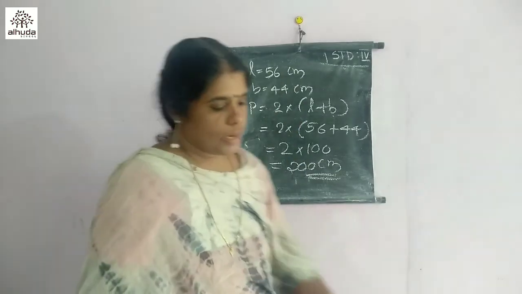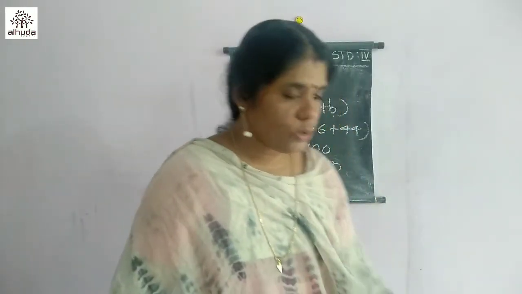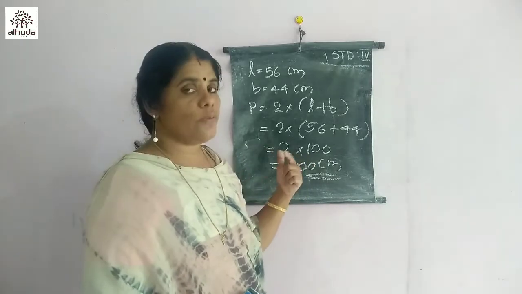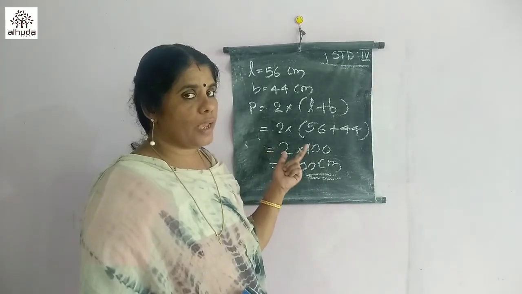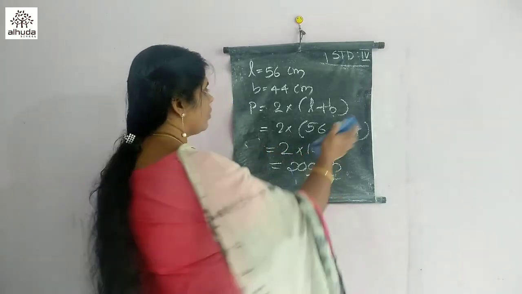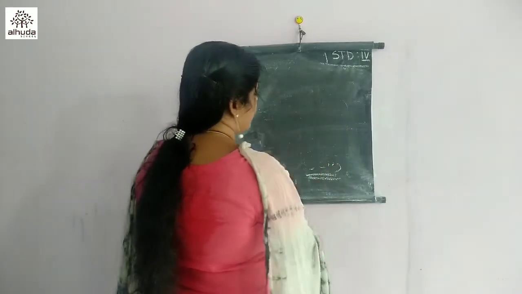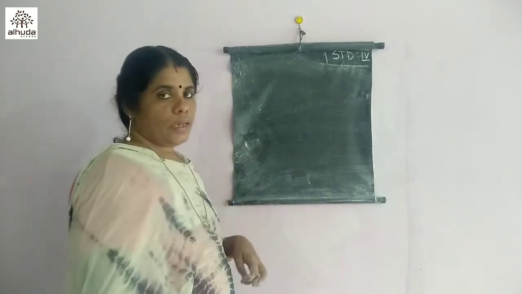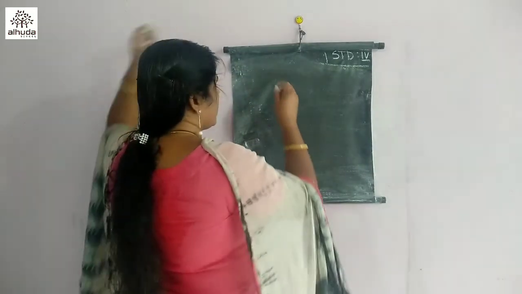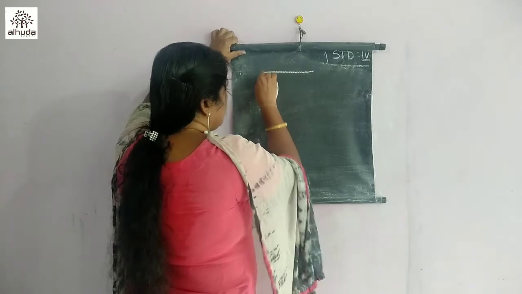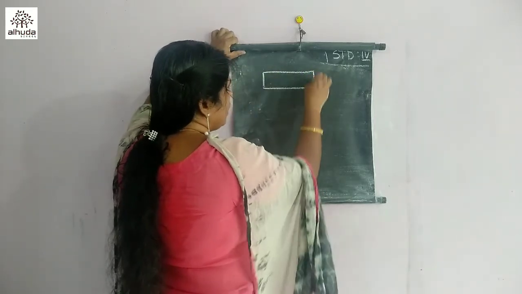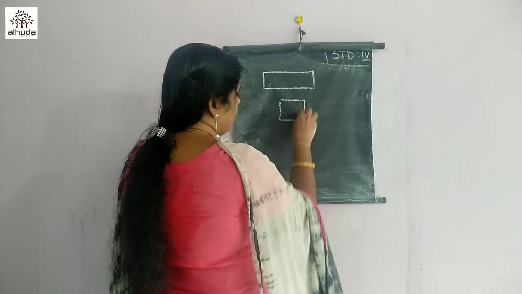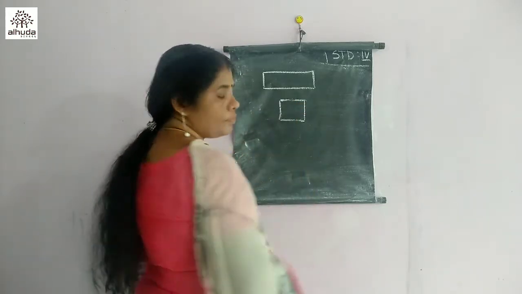Okay. Next. Now we learned about the perimeter of a rectangle. Next we are going to learn about the perimeter of a square. Children, do you know what is the difference between a rectangle and a square? In a rectangle, opposite sides are equal.